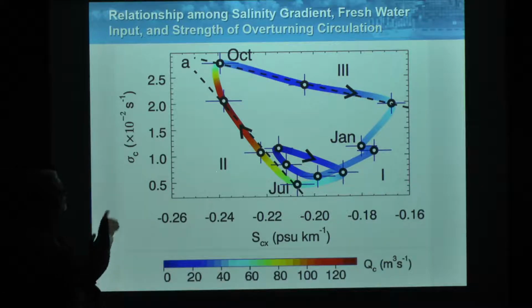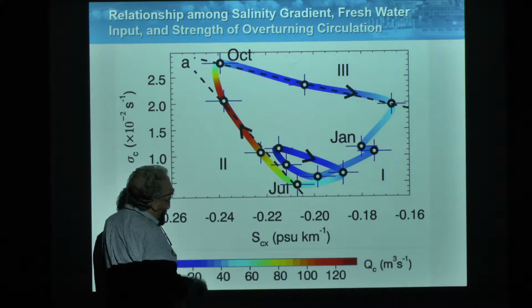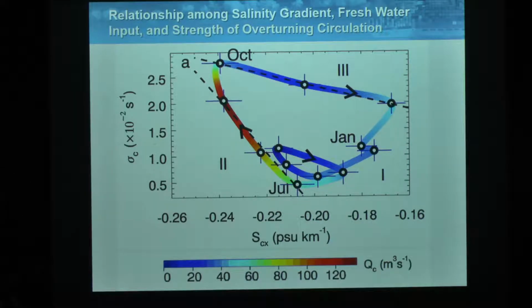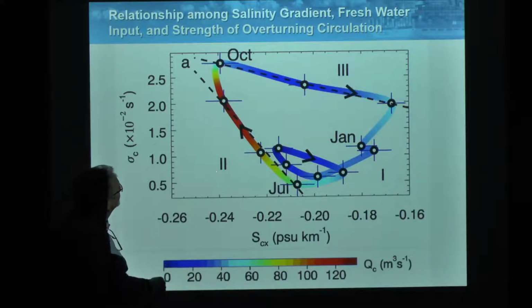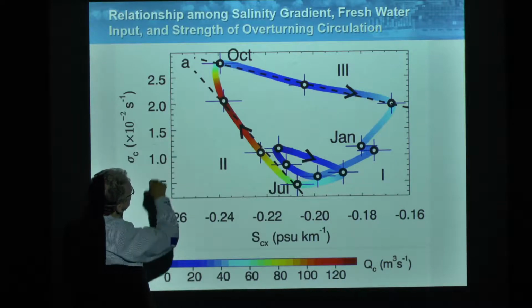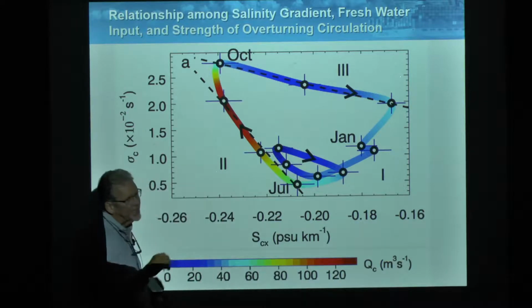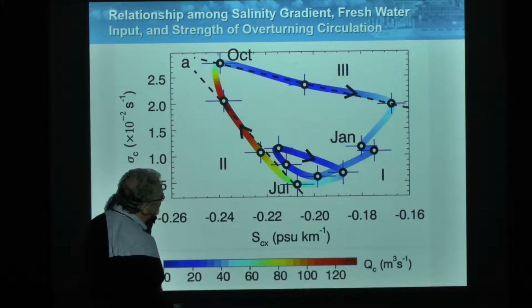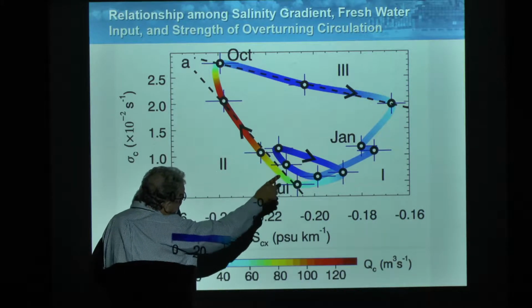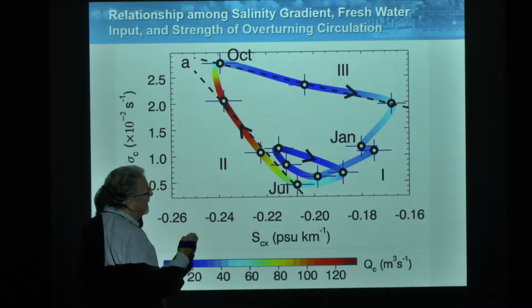As you go around the seasons, in the dry season from October to December, January time frame, you see a decrease in that overturning circulation from its maximum at the end of the rainy season during the summer months to the slightly wetter winter season. You see it continue to decrease.